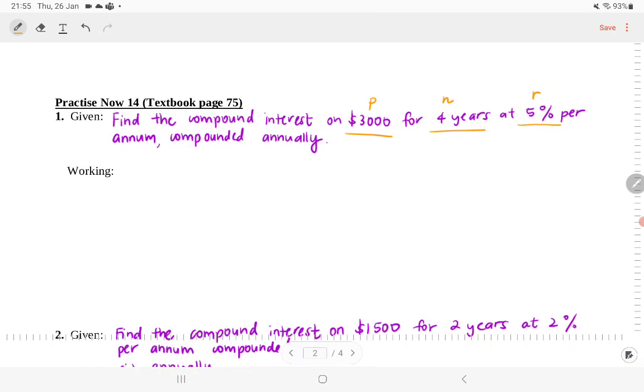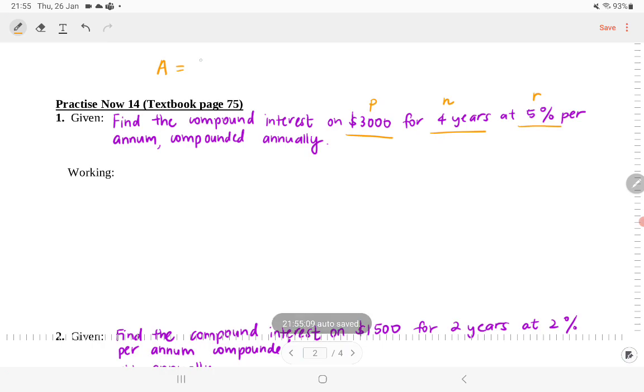Reminding ourselves, I'm going to write the formula here quite big. So we have P, we have R, we have N. What we are looking for is the A. Of course, A is not the answer. You need to minus away the principal amount to find the compound interest, because they are asking you for the compound interest.